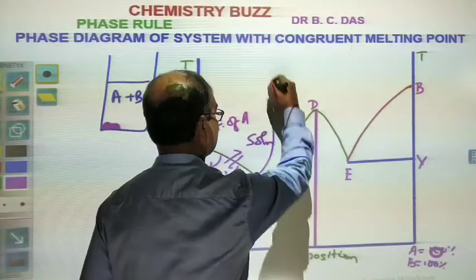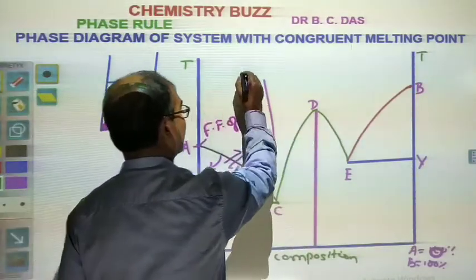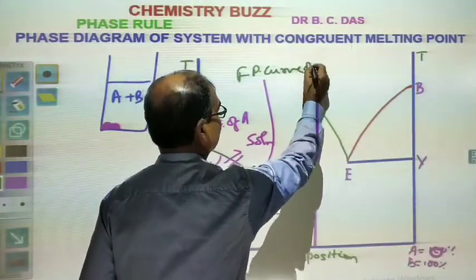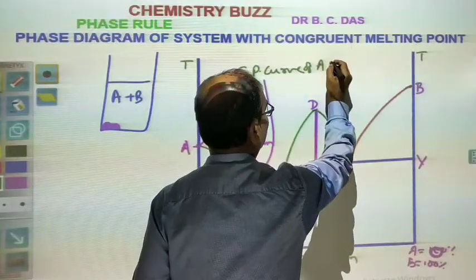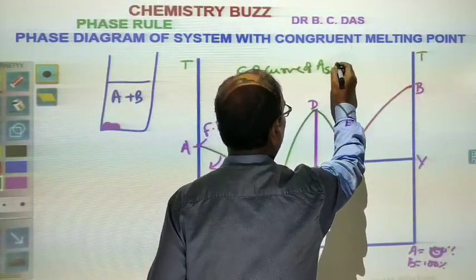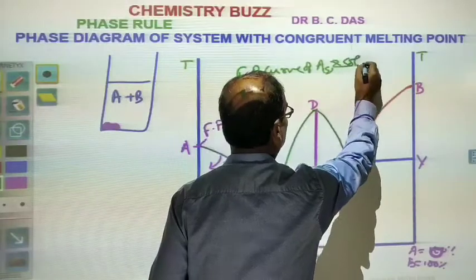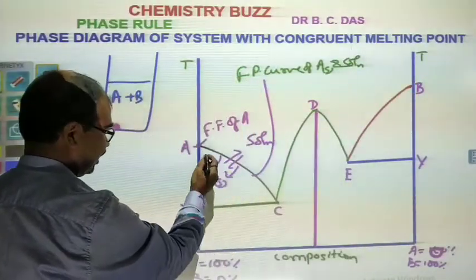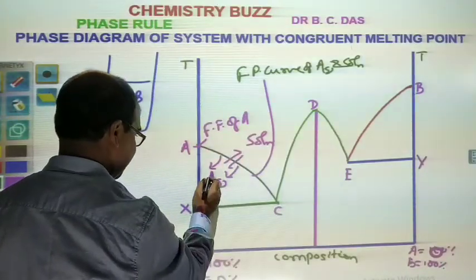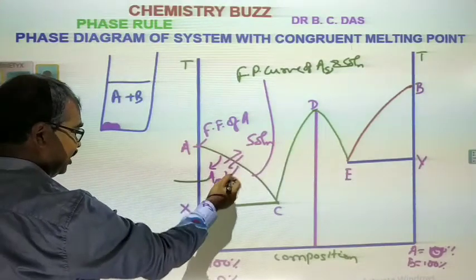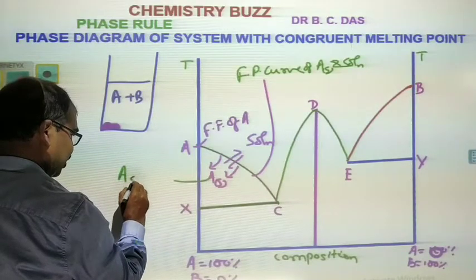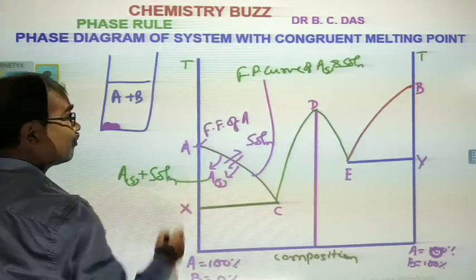So this is the solution. If you take the area bounded by this curve, say ACX, in this region you will find solid A plus solution.